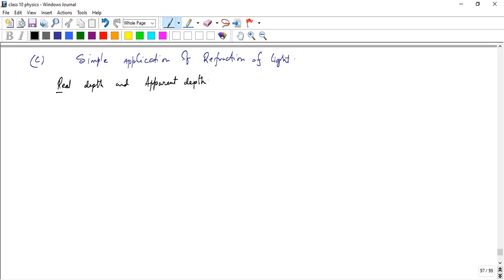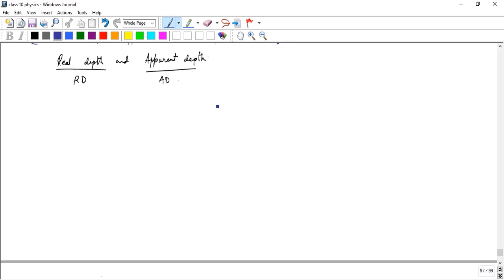Short form: real depth is RD and apparent depth is AD. For understanding real depth and apparent depth, take a practical example: a bucket of water.